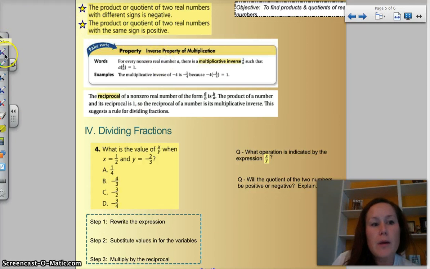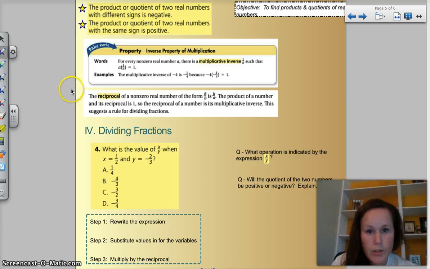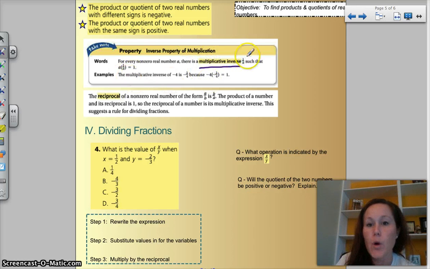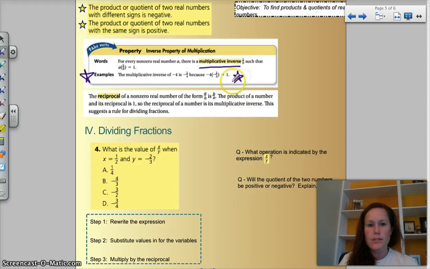So, inverse property of multiplication. So, for every non-zero real number a, there is a multiplicative inverse 1 over a, such that a times 1 over a equals 1. Basically what we're saying here is this. The word examples do not make sense to me. This is what makes sense.